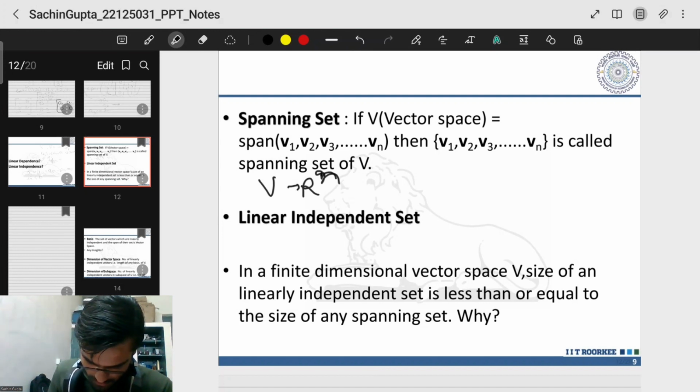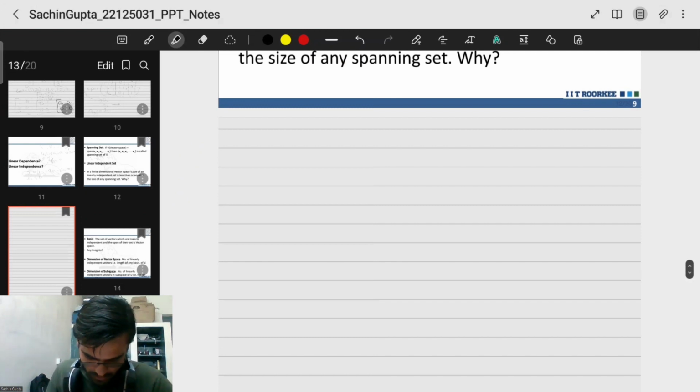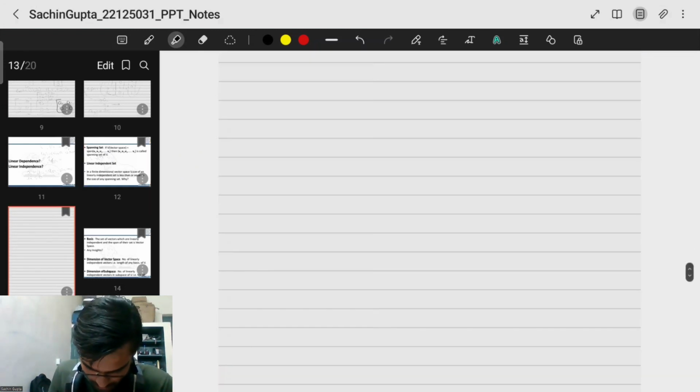So we are taking an n dimensional vector space.